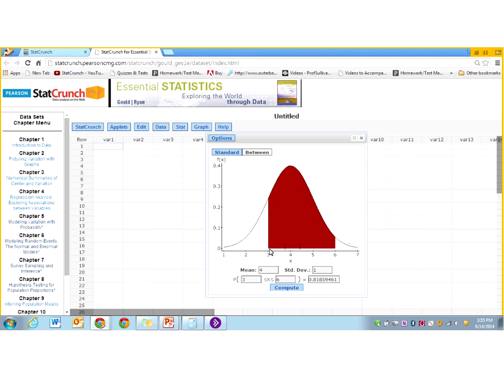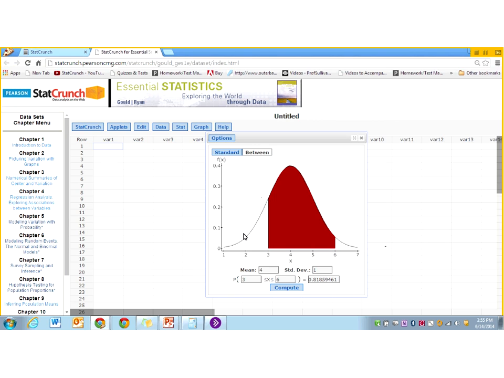Now, one thing StatCrunch won't do for you, and you may not need it in the problems we do in this course, but sometimes you need to find the area in these tails. So I want to find the probability that x is less than 3, which would be this white area over here, and the probability that x is greater than or equal to 6.